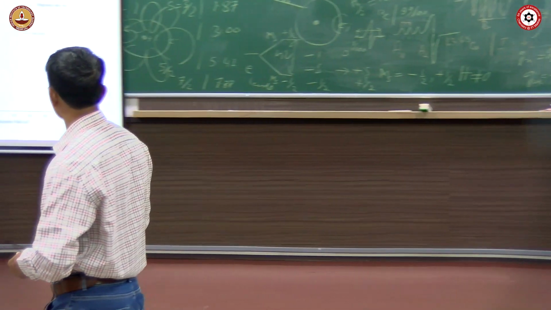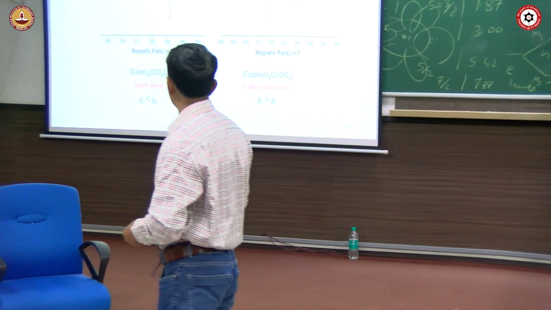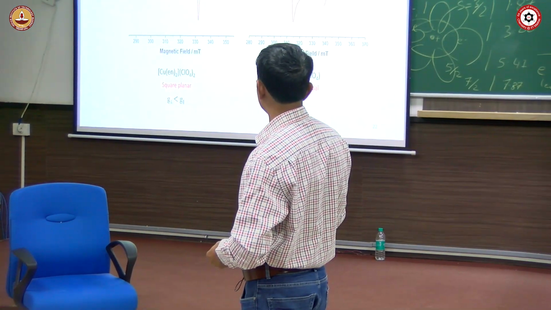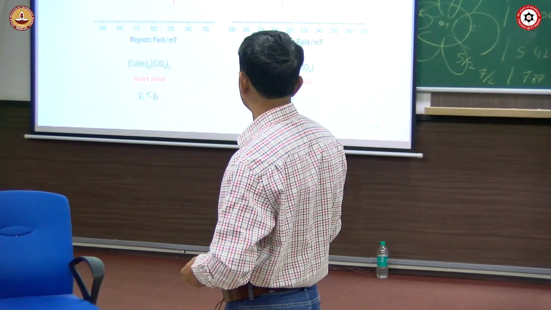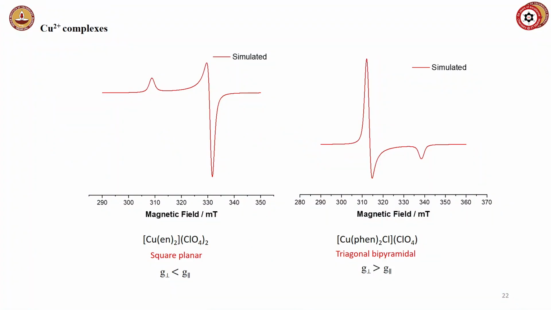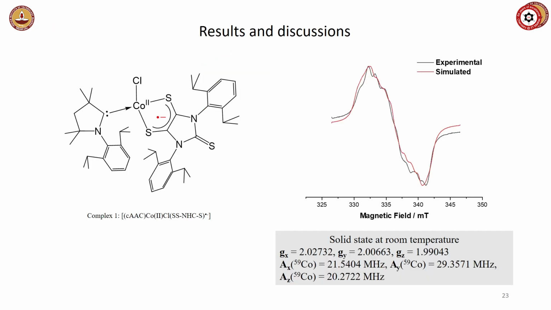Okay, now this is the copper 2 plus ion, and you can see the g perpendicular is lower than the g parallel, and this is the one from the software that you can bring in, and now you can start simulating. Here is the one where the cobalt has 7/2 nuclear spin and 1 unpaired electron will couple, and we get 8 lines.